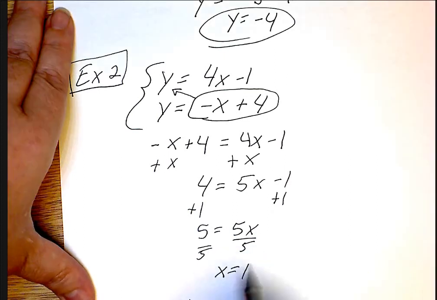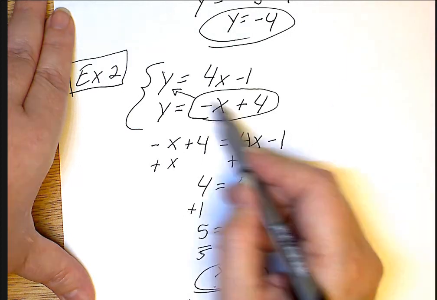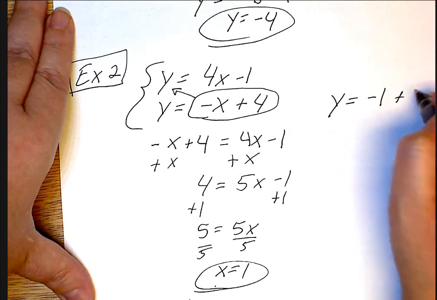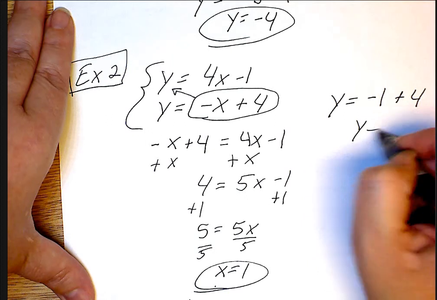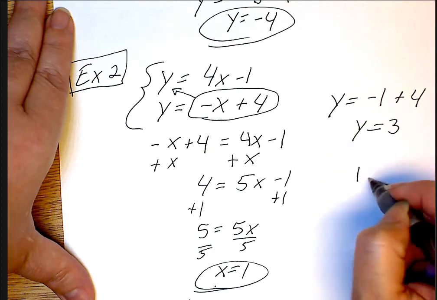Now I know that my x is equal to 1. How do I find out what y is? Substitute in, yes. So we're going to go y equals -1 plus 4. You could have done it in either one of these. It doesn't matter. You get y equals 3. So my point is 1, 3.